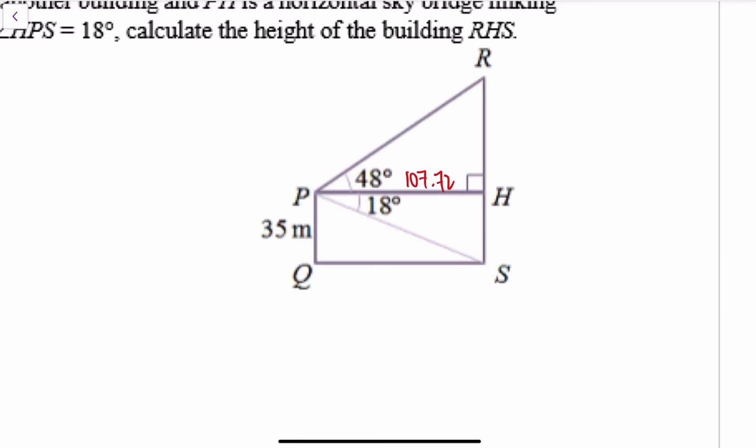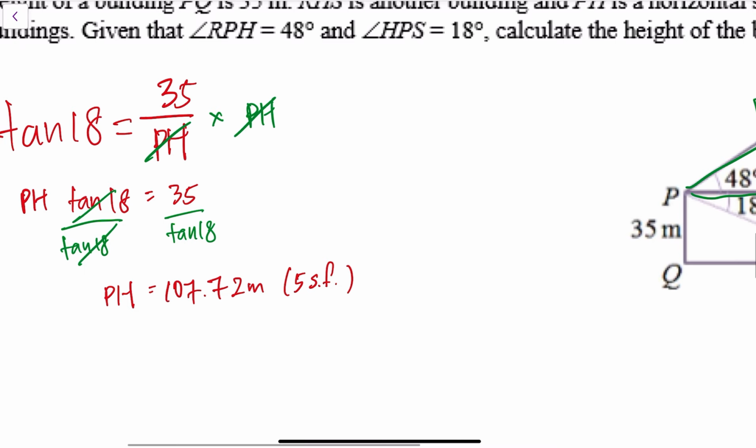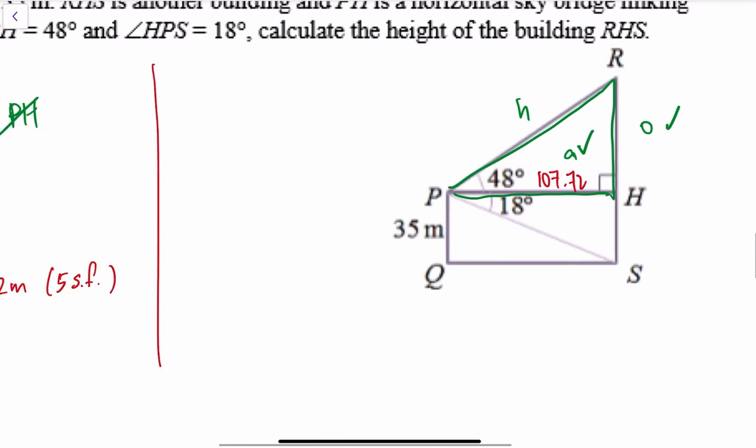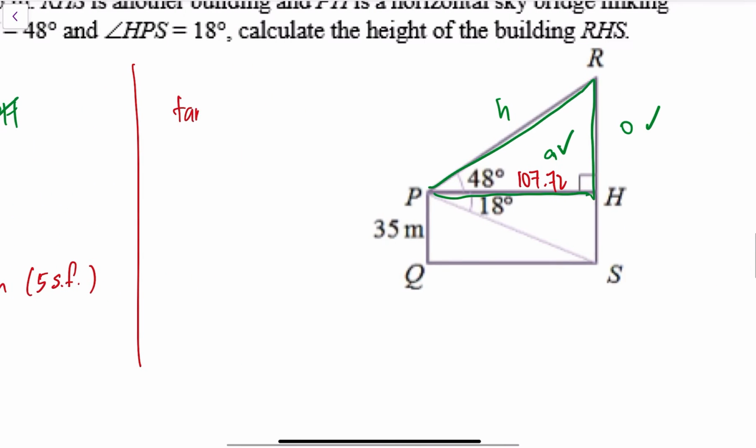And from here, I will need to use the green color triangle. I have my H, I have my O, and I have my A. I have A, I want to find O. It is tangent, once again, tangent 48 equals to RH over 107.72.